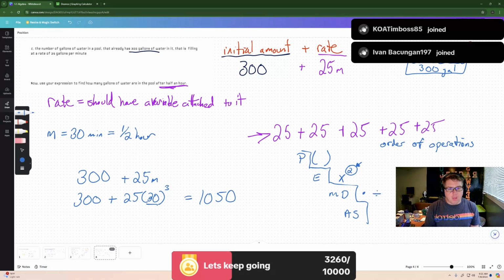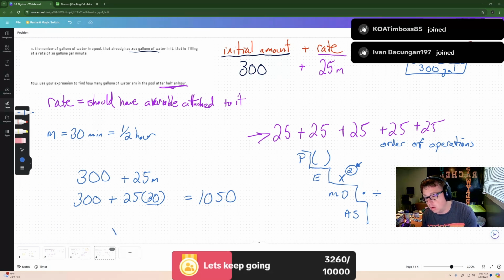Okay. Multiplication and division are on the same level. They're on the same tier. One's not more powerful than the other, even though you say, please excuse my dear Aunt Sally. They still are on the same level. Along with addition and subtraction, they're actually on the same level as well.